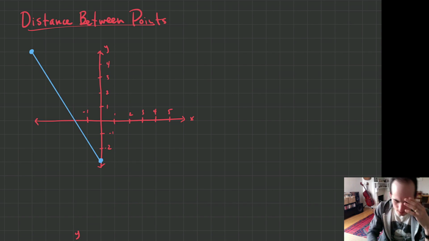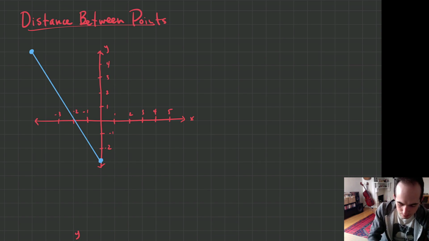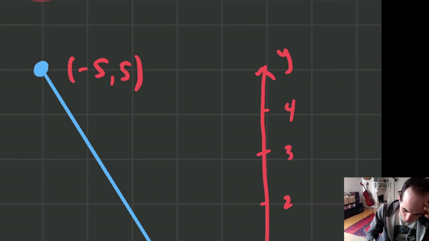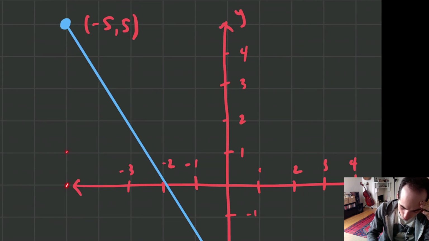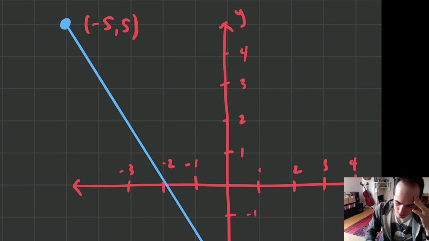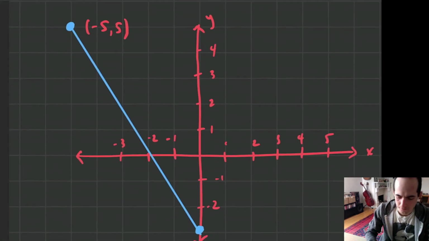Okay, so this would be -2, -3, etc. So this point right here, this is going to be the point -5, 5. Okay, so that's that point there, because we go over 1, 2, 3, 4, 5 to the left, and we're having to go up 1, 2, 3, 4, 5 up. So that would be the point -5, 5.